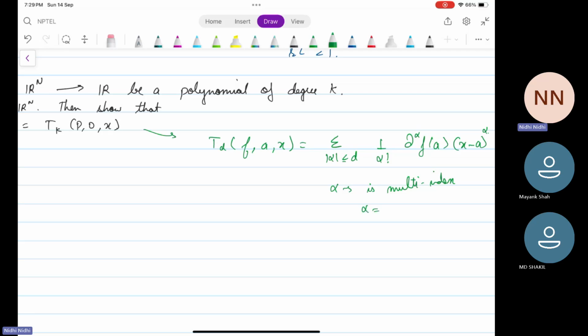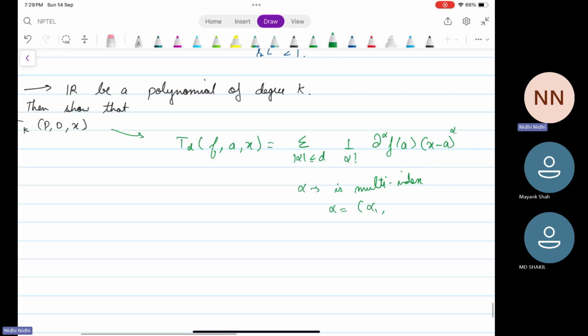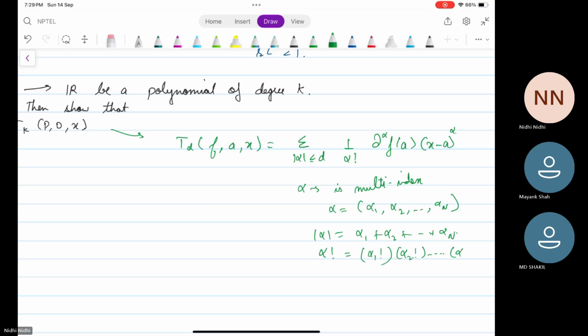That means alpha is some tuple alpha 1, alpha 2 up to alpha n, where these alpha i's are natural numbers, and mod alpha means alpha 1 plus alpha 2 up to alpha n. Alpha factorial means alpha 1 factorial, alpha 2 factorial, up to alpha n factorial.